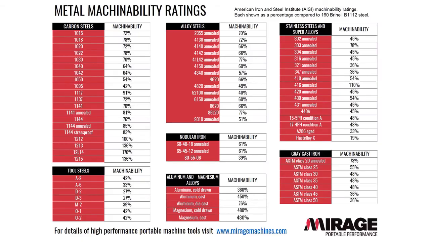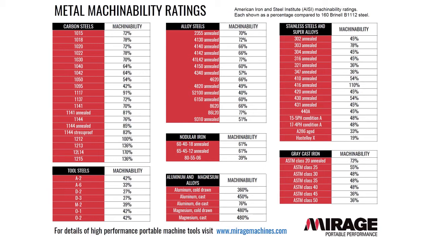And here's an example of a chart. The more carbon you put into plain carbon steel, the harder it gets. Over in the less carbon steels, you'll notice those have numbers larger than 1112 steel.